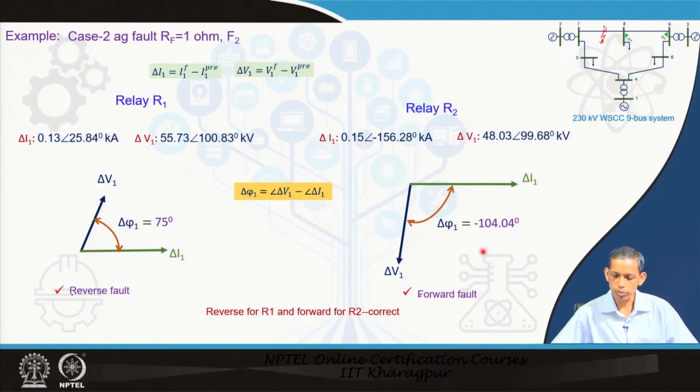This is also a minus angle, meaning forward fault. So, for R 2 this is forward fault, which is also correct. So, relay R 1 finds reverse fault and relay R 2 finds forward fault, which is correct as we see from this simulation.